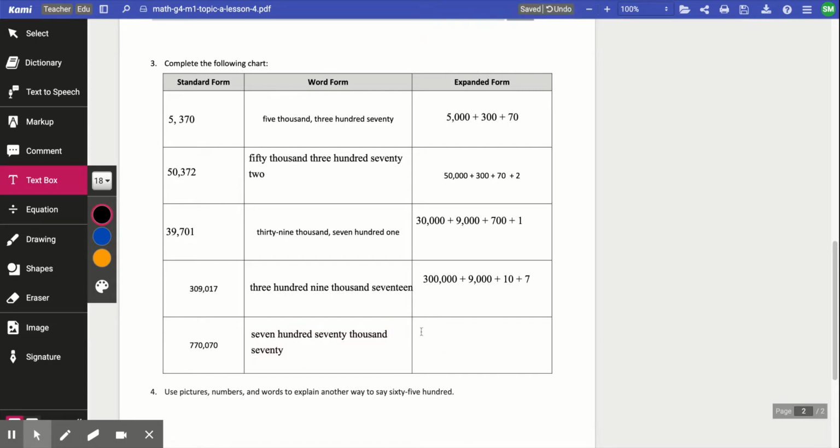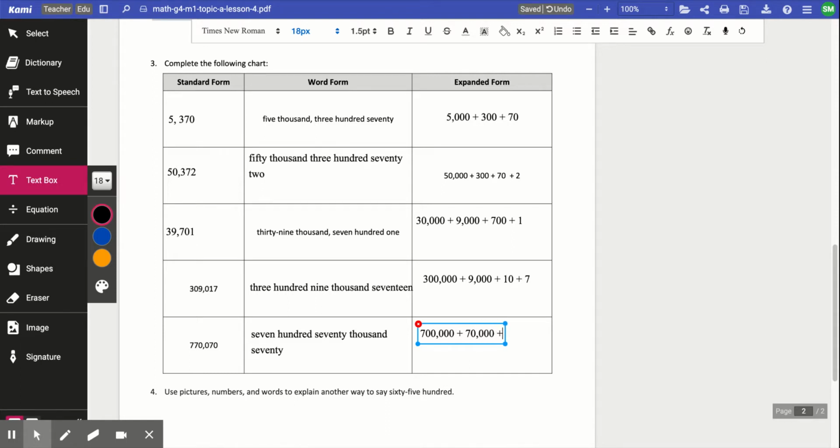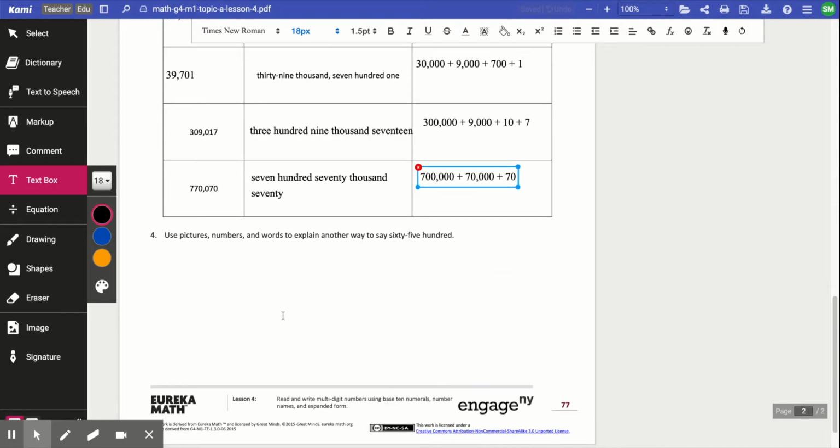Write it in expanded form. 700,000 plus 70,000 plus 70. Okay, awesome. Gonna eyeball it, make sure that it looks right. 700,000, 70,000, 70. This takes some hard work here.